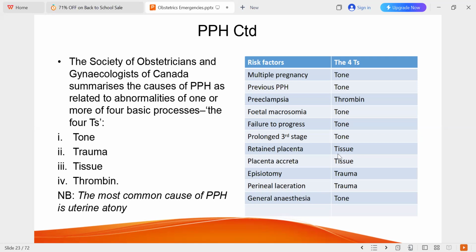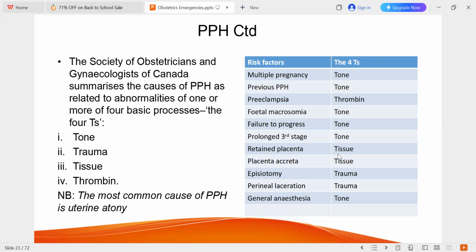Preeclampsia, this is coagulopathy, all right, thrombin problems. Fetal macrosomia, failure to progress, this is a tone, but patient will retain placenta accreta, this has to do with tissue. Okay. Episiotomy, especially I remember those days when we were doing house job so many years ago. We had cases of episiotomy leading to PPH, perineal laceration, and general anesthesia, especially for patients under general anesthesia, giving so much halothane, all right?